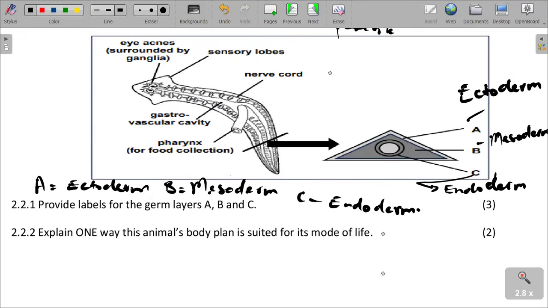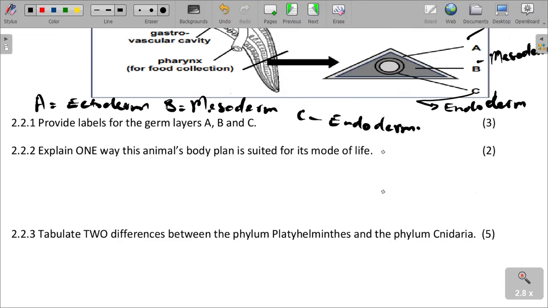One. They are also ventrally differentiated.